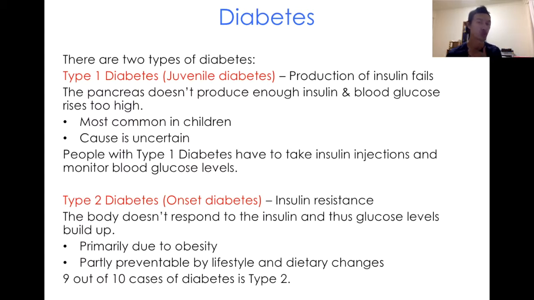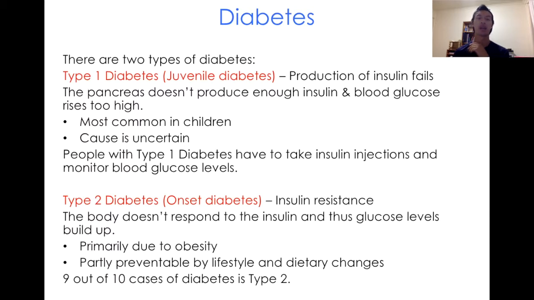This is most common in children because they're often born with this version of diabetes, and they don't really know why, but there's some sort of genetic connection behind it, because if your grandparents or your uncles or your aunties have it, you've got a higher chance of having it. People with type 1 diabetes have to take insulin injections, and they have to monitor their blood glucose levels very closely, making sure that it sits within a certain range.